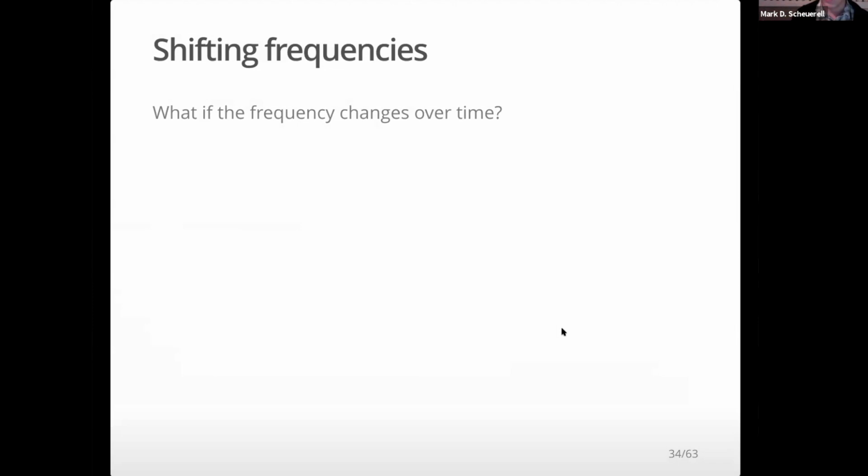I'll give you a real-world example. The rotational speed of the Earth is not constant over time, so the actual length of a day varies a little bit. We always think it's 24 hours, but it's 24 hours plus or minus a little bit. If you tried to model the length of day over time, it would look a lot like a sine wave, but that thing would at some point be pushing and pulling a little bit. The frequency would actually change.